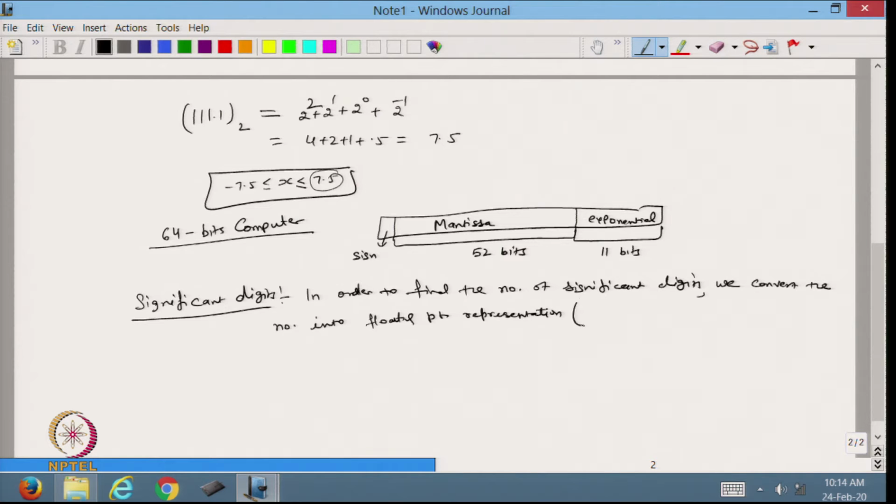Floating point representation means in this case I am taking the normalized form. Then the number of digits that appear in the mantissa part are called the number of significant digits.